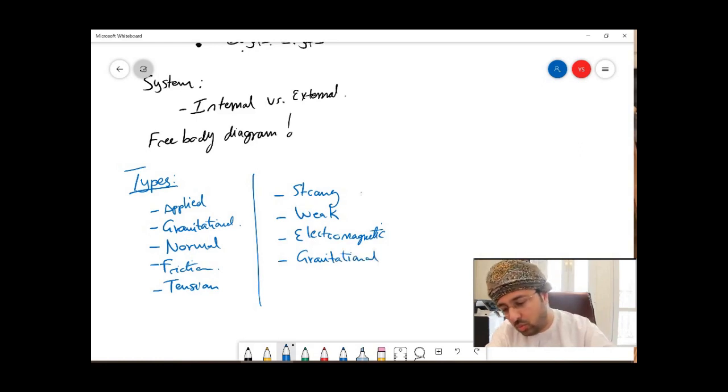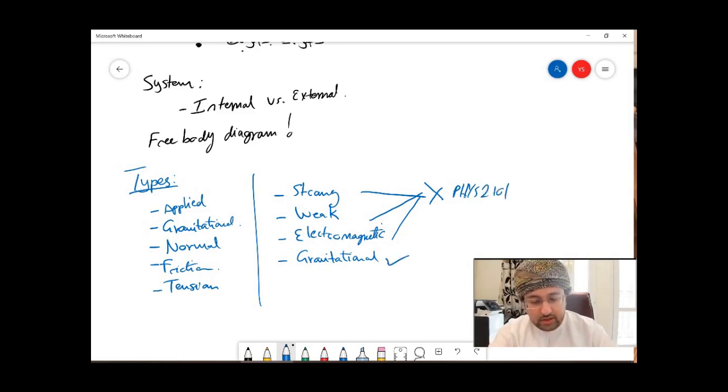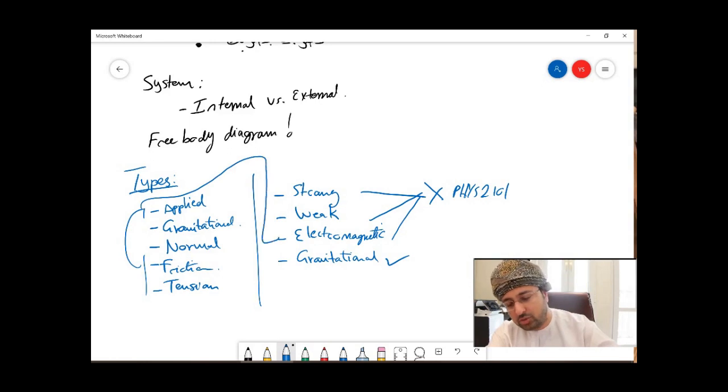Now, the first three are not in this course. Gravitational is in our course. I just wanted to give you something to look forward to, that the rest of those forces are actually usually one of those 3 forces, and mostly electromagnetic. The strong and weak forces are only applied when you're going to subatomic levels, very, very tiny things.